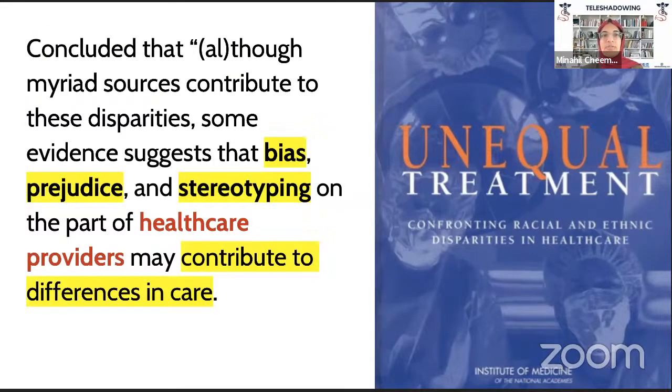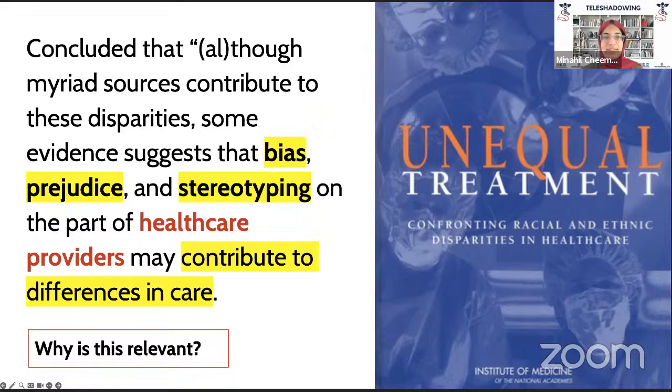They concluded that although there are many sources that contribute to these disparities, like the social determinants of health we mentioned, there is also some evidence of bias, prejudice, and stereotyping on the part of healthcare providers. This might contribute to differences in the healthcare provided to us.